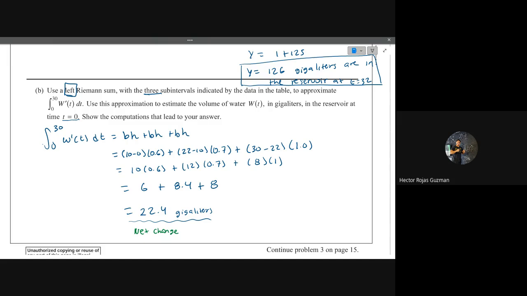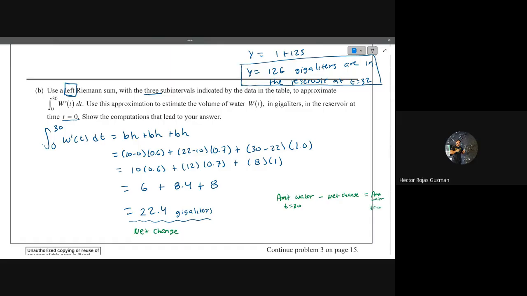So we added water. If I want to figure out how much water we started with, we're going to do the amount of water at t is equal to 30 minus the net change. And that's going to give us the amount of water at t is equal to 0.